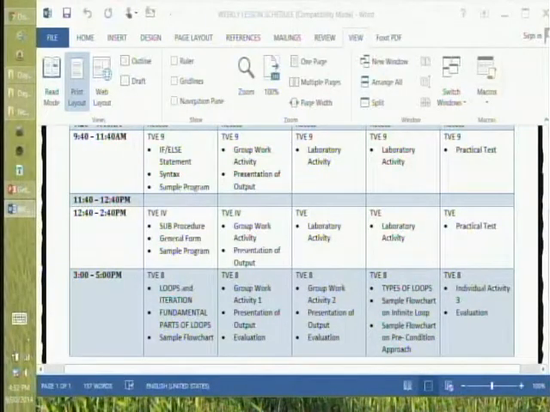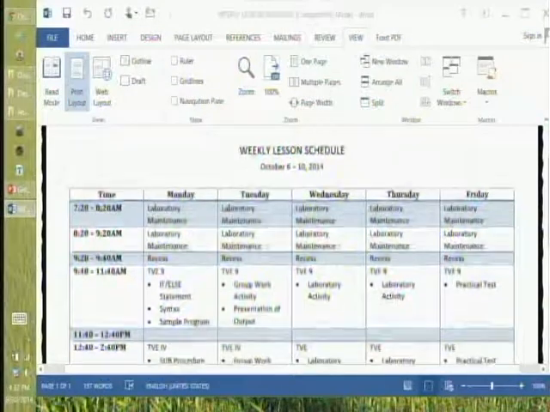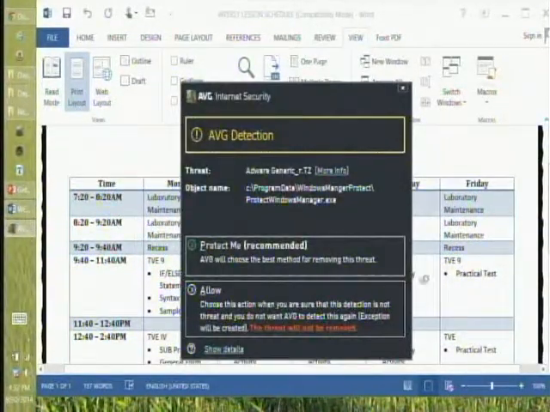Now, how did others help you create this product? Ma'am Dorothy helped me especially in the design. And in the upper part, which is my vacant time, I put a vacant period.